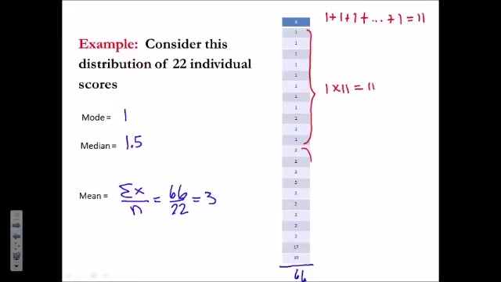Similarly, we could take all the 2s, and instead of adding 2 plus 2 plus 2 and so on 9 times, we could say 2 times 9 is 18.